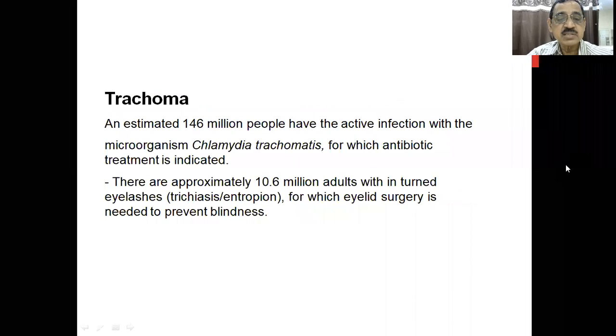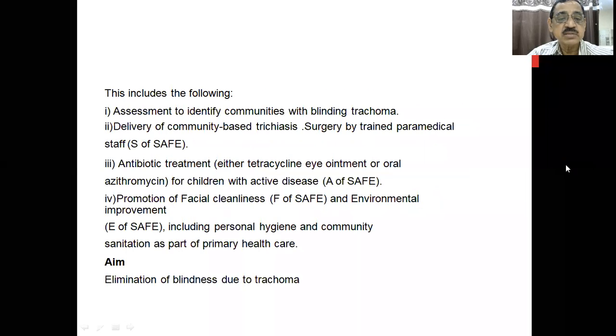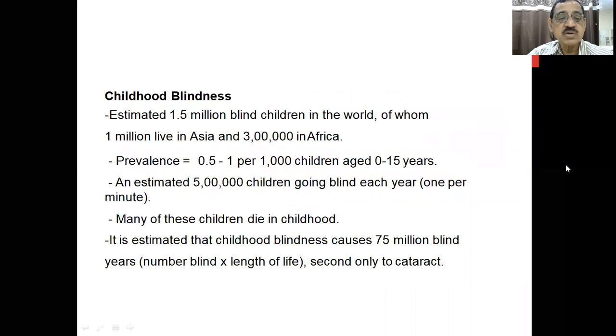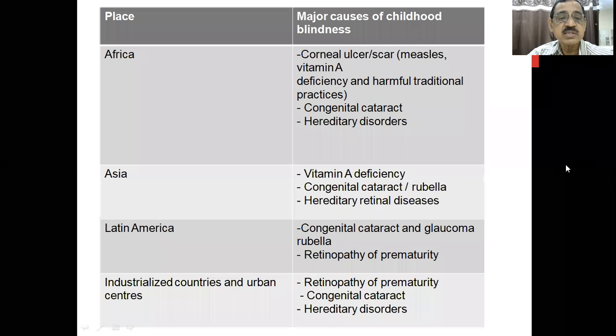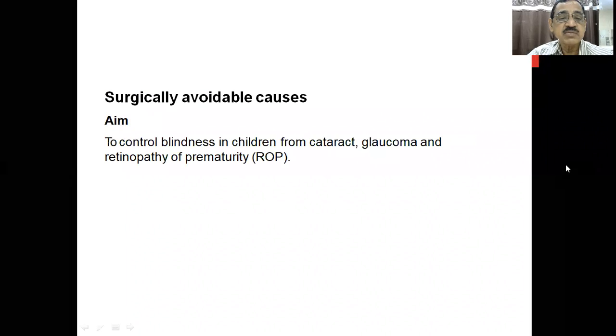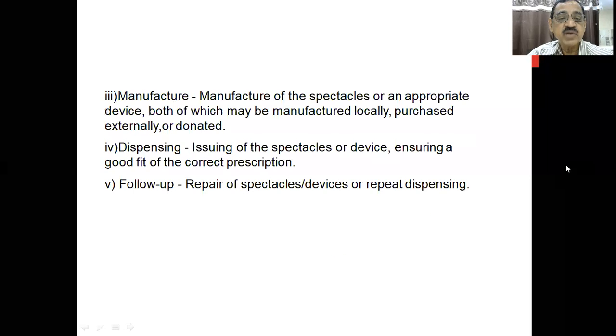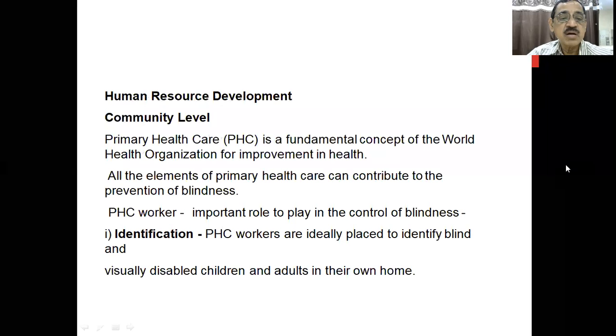So targets: glaucoma, we have seen; onchocerciasis, childhood blindness, this also we have seen; vitamin A, refractive errors, human resource development at the community level. So I think we had to stop at this stage yesterday.